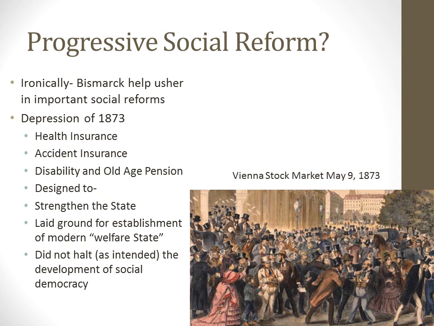And this image you see, of course, is the Vienna stock market. There's a Black Friday on May 9th, 1873, when really the Western world experienced the first depression of the industrial age. And the industrialized world will continue to face these. We will see these in 1873, 1893. There's a panic in 1907, and of course, the Great Depression at the end of the 1920s and in the 1930s.